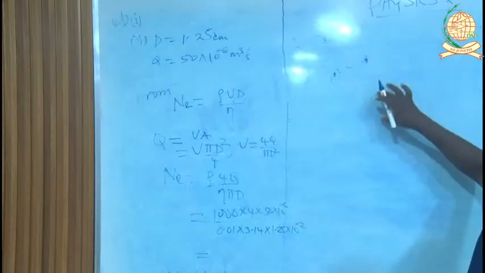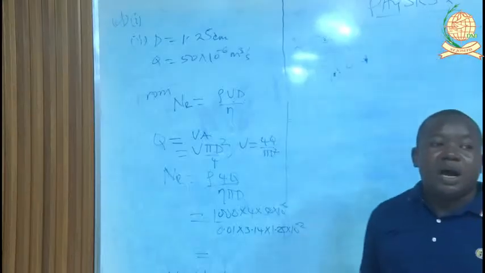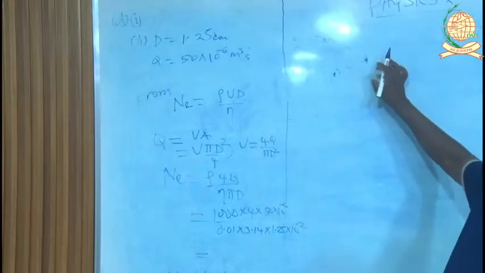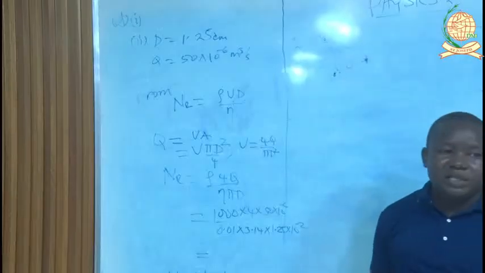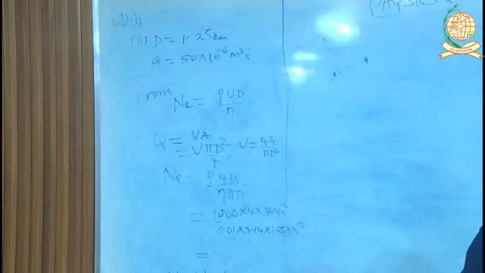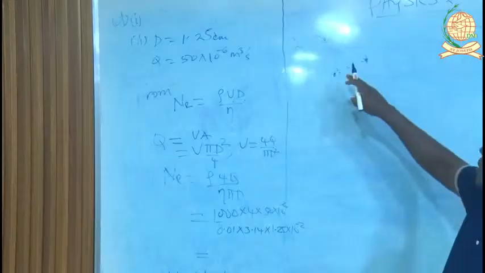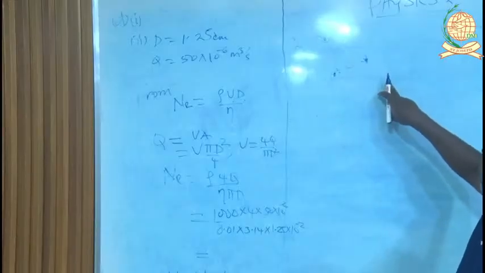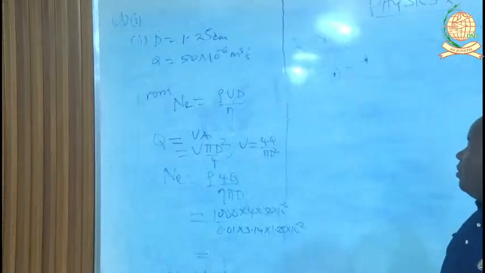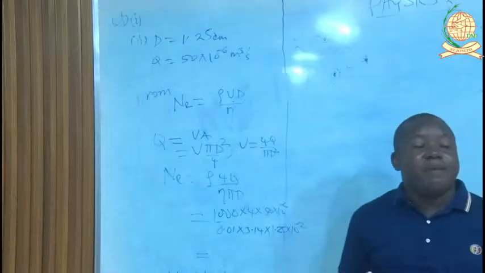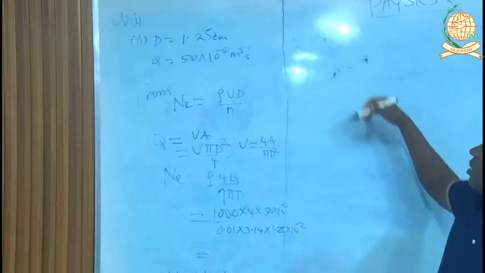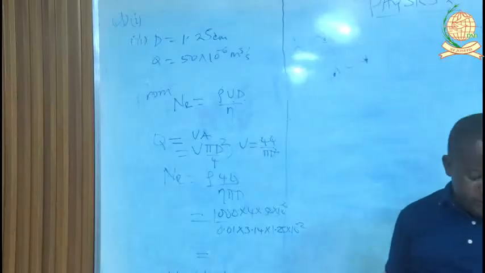Their intensity is also not constant, whereas in interference the intensity is constant. Another thing you can add is the number of fringes formed. In interference, many fringes are formed, but in diffraction, only a few fringes can be formed.